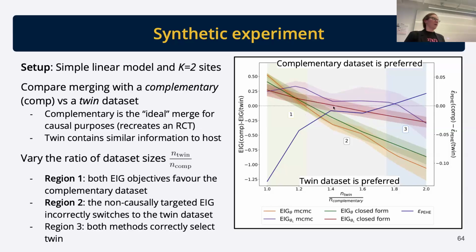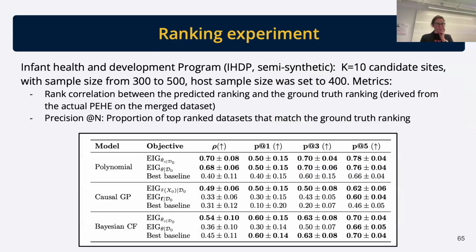It's still picking the correct data set. And once we get to a high enough number of samples in the twin data set, simply because you have way more data in one of the data sets versus the other one, it actually makes sense to pick the twin, as this difference in MSEs shows us. And in region 3, again, both methods correctly select the twin. So this is a simple synthetic experiment to make sure that things more or less follow intuition.